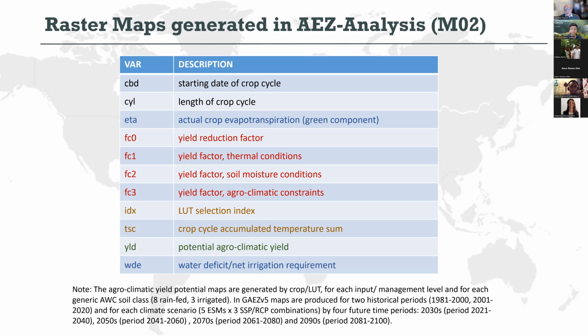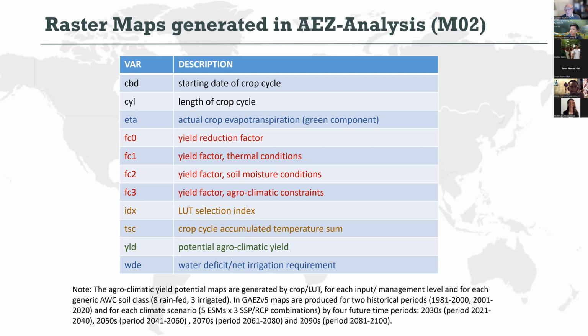Crop cycle accumulated temperature sum, an important agronomic parameter, the potential agroclimatic yield, and the water deficit or net irrigation requirement that has been determined during the crop-specific water balance calculation. And this is done for each LUT, for each input and management level, for each time period.